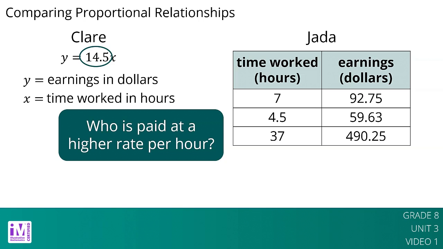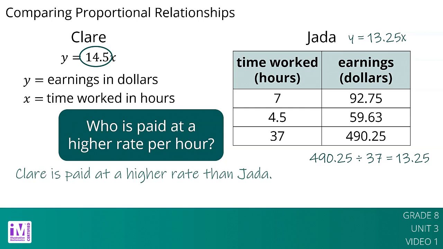Using the last row, the rate of change for Jada is 13.25, since 490.25 divided by 37 equals 13.25. An equation representing Jada's earnings is y equals 13.25x. This means she earns $13.25 per hour.